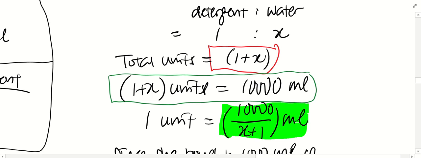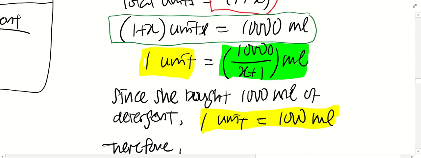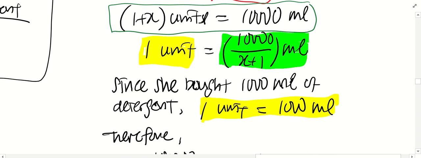So now, just like before, we need to find the volume for 1 unit. 1 unit is simply 10,000 divided by x plus 1, or 1 plus x. It's the same. I just divide both sides by 1 plus x. So now 1 unit represents this many milliliters of solution.